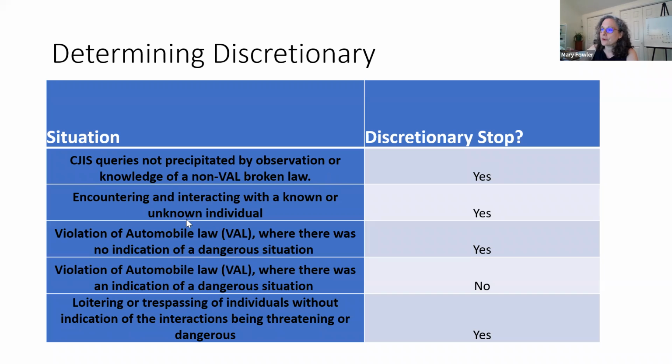So we'll start with this one: violation of an automobile law where there is no indication of a dangerous situation. So this, in fact, is discretionary. So the officer, for example, might see somebody speeding, but not speeding that much. And so there's a cutoff, right?